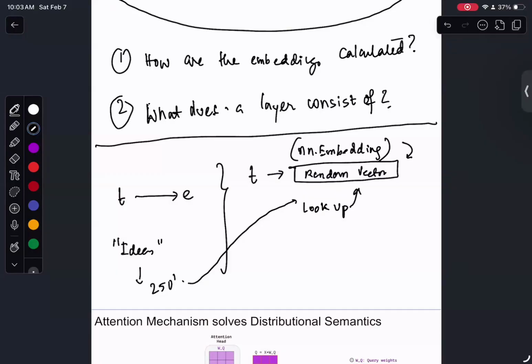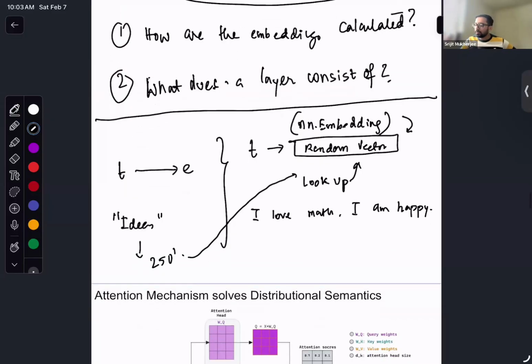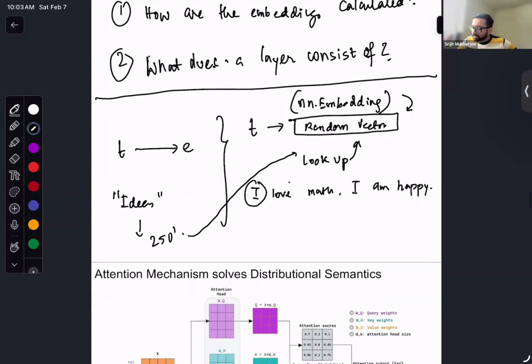Can you once repeat that? Yes. So let's say: I love math. Full stop. I am happy. Full stop. Now, each of these is a token, and the full stop is a token too.